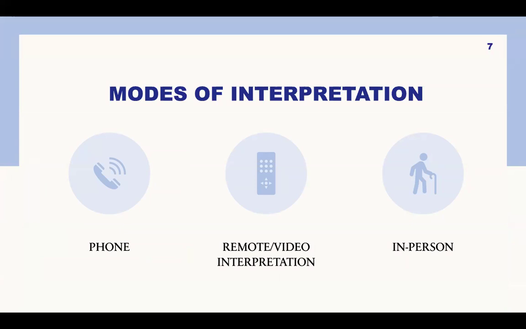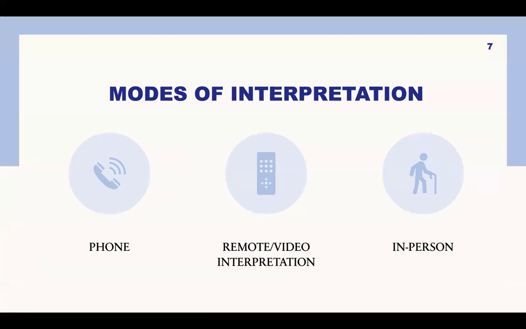Now we'll go over the three different modes of interpretation. Each mode of interpretation, including phone, remote or video, and in person, plays a crucial role in educating refugees and immigrants. Phone interpretation offers flexibility and accessibility, allowing for quick connections when face-to-face meetings are not possible.